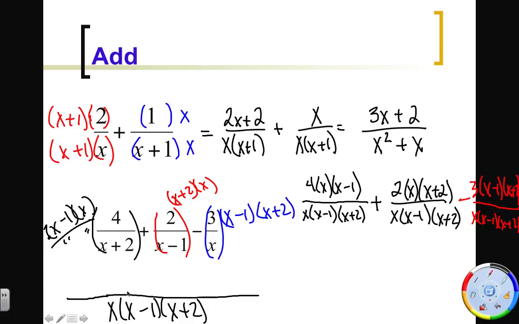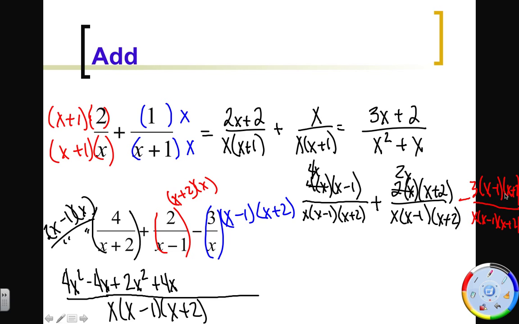Now, there is a reason we're doing this, so don't worry. We're not adding today. I'll tell you what we're doing in a minute. All right, so we have 4 times x minus 1. This is actually a 4x, so I can distribute and get 4x squared minus 4x. Here again, this is a 2x, so I can distribute that and I get plus 2x squared plus 4x.